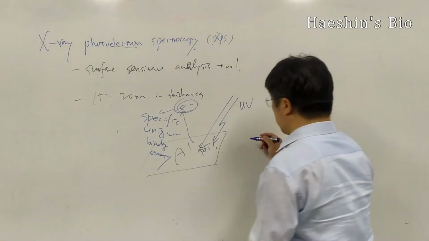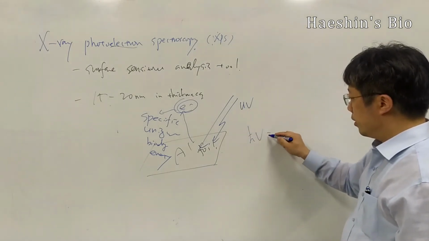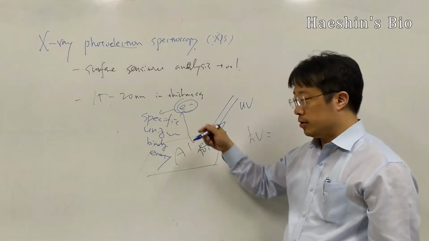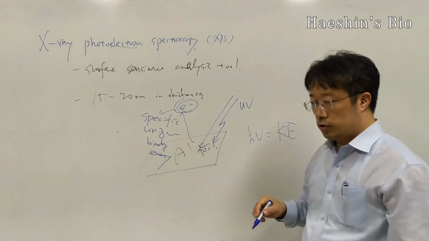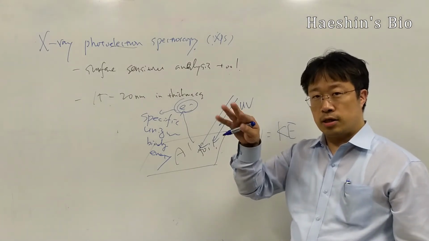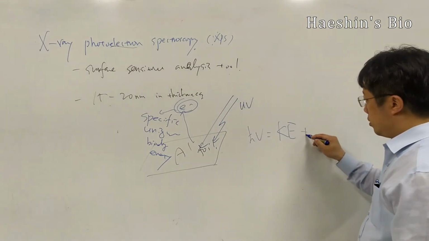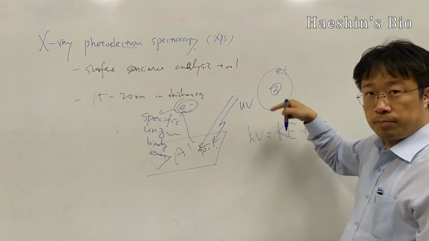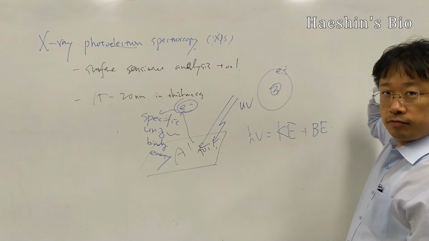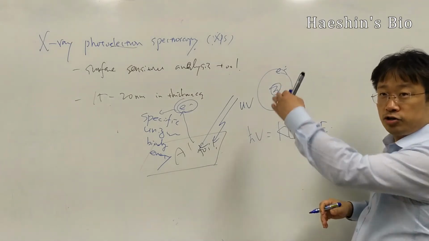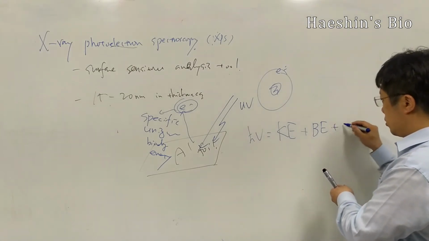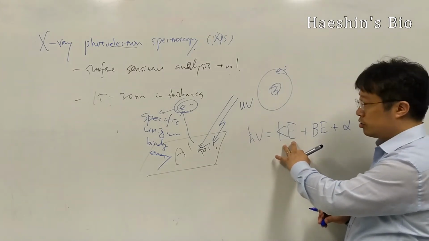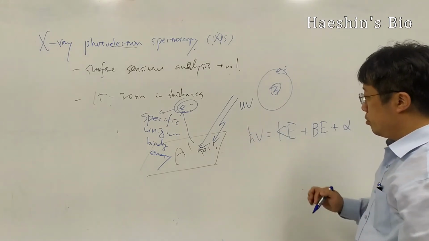Generally speaking, you can think about it this way. The energy is provided into the material, and there's a kinetic energy of the photoelectrons because they fly away; that is mass times velocity squared. Then there is binding energy: electrons are in some orbitals, so they have to be taken out of the orbital binding energy, and the energy provided by the light has to be higher. So the energy provided equals the binding energy plus the kinetic energy plus a constant.